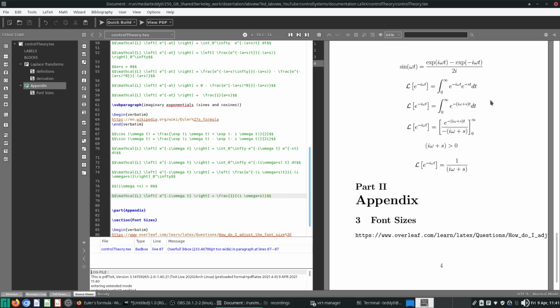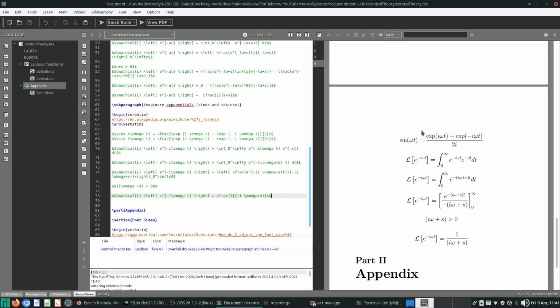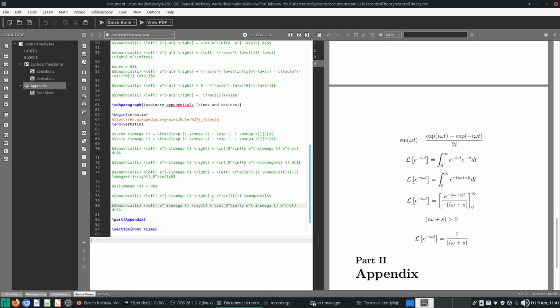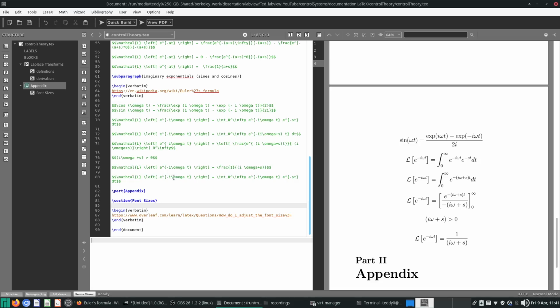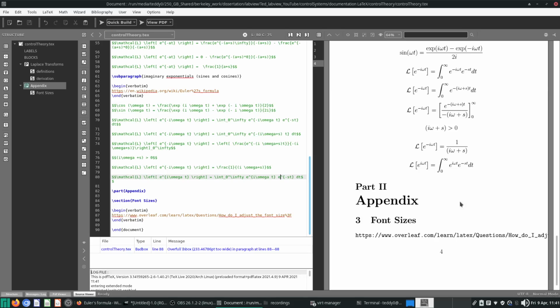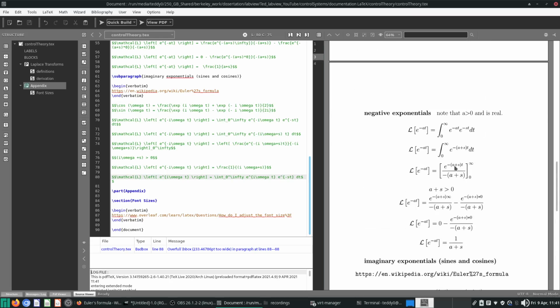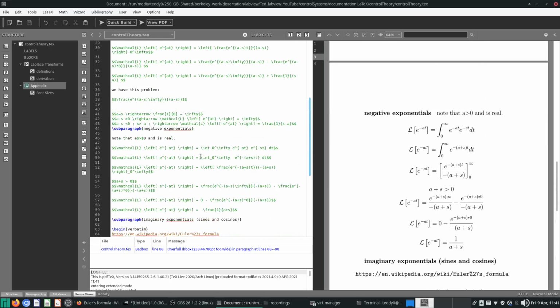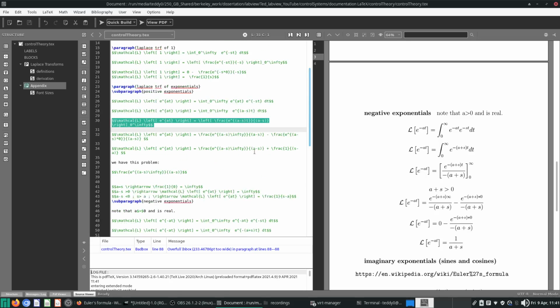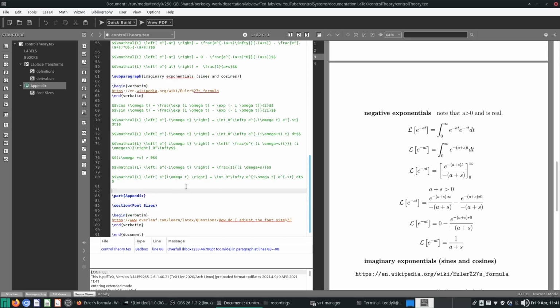Now we can also do the same thing for this exponential, I omega t, same idea. Of course we'll need to make sure we have the correct conditions. Then basically I can just copy and paste all of this down and replace everything with I omega.